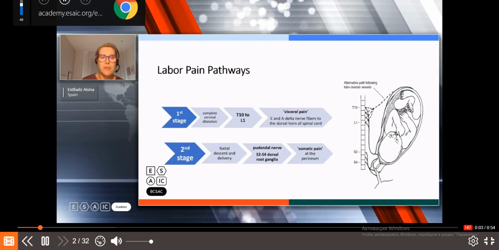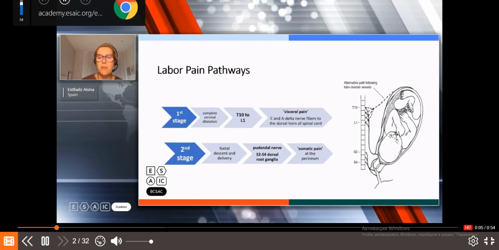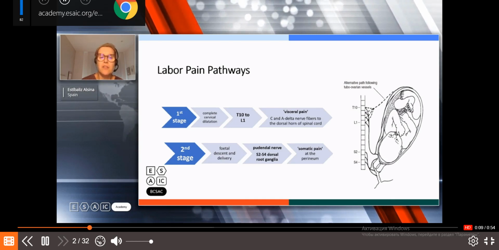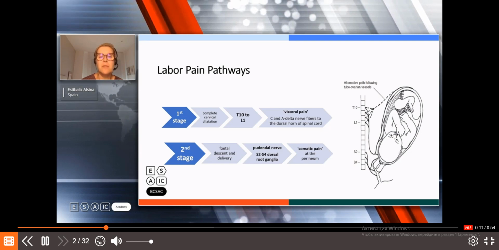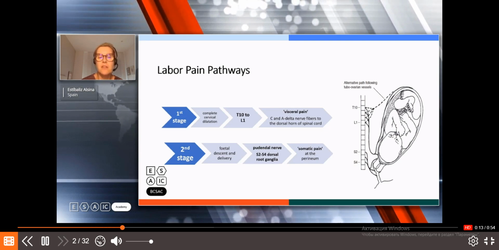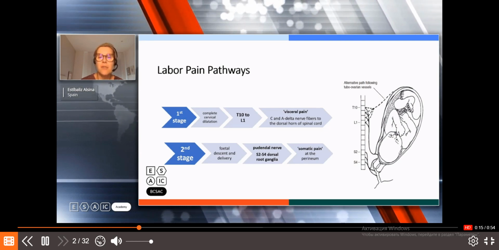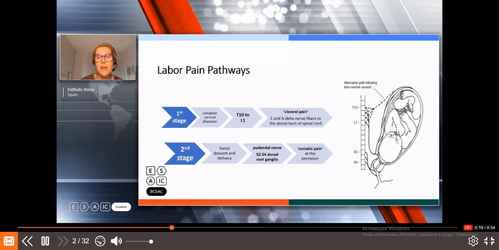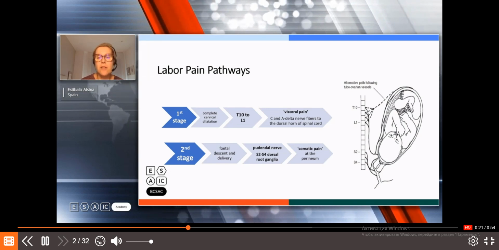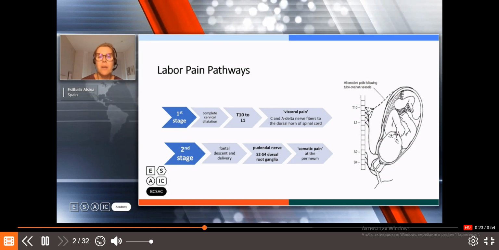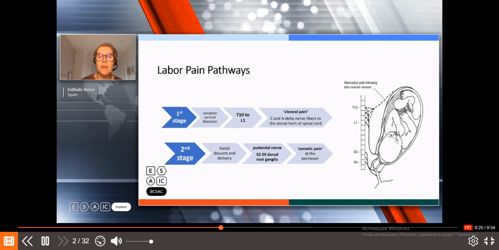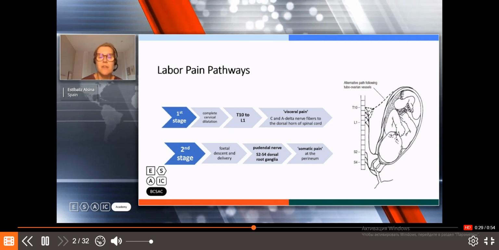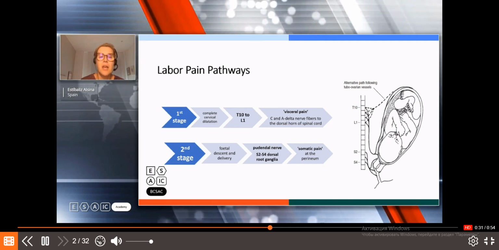First of all, we have to talk about the labor pain pathways. During labor, we have two stages. The first stage is until complete cervical dilatation, and the nerve roots involved are T10 to L1. These roots give you a pain called visceral pain because it's mediated by A delta fibers and C fibers.